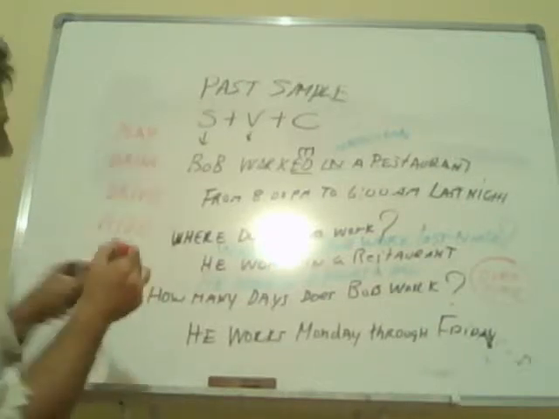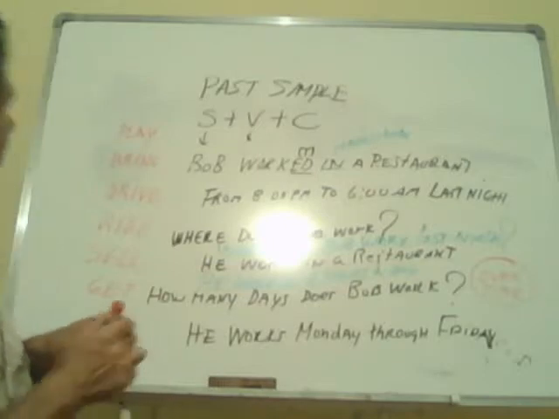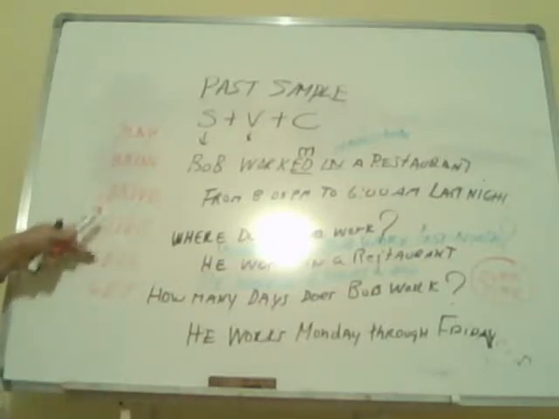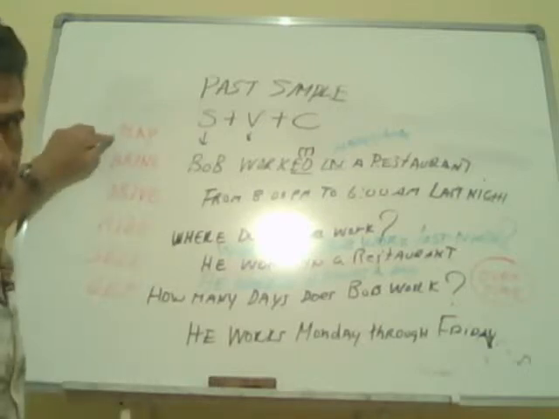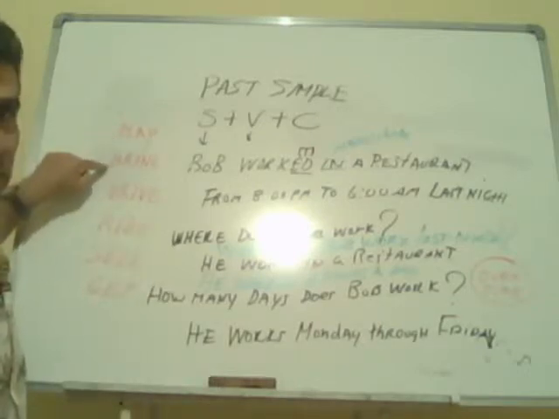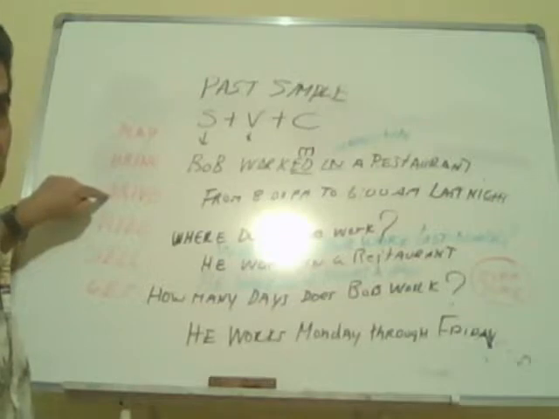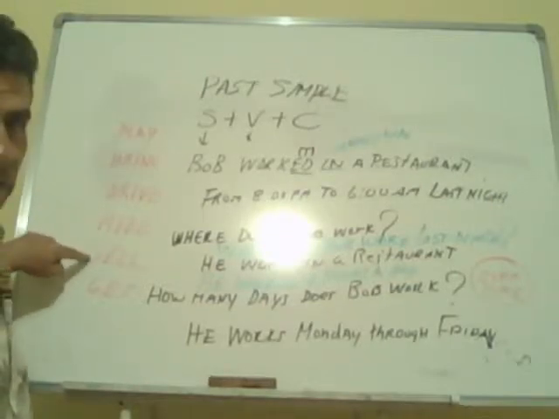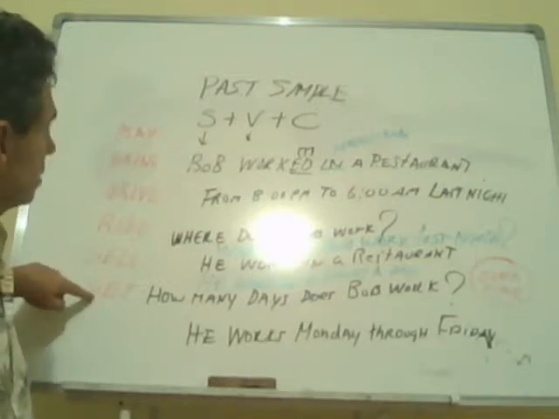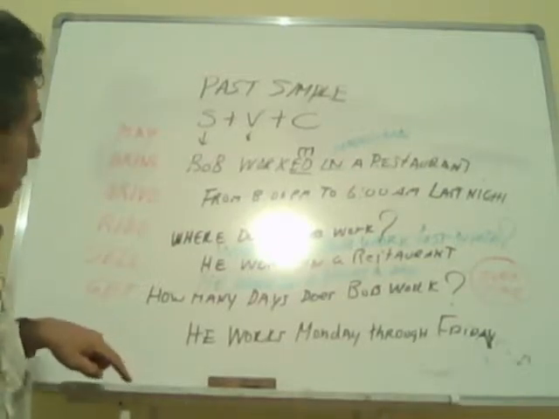See, all these verbs can be used in sentences. Okay, play, bring, drive, ride, sail, get. Now, repeat after me. Play, bring, drive, ride, sail, get. All right?